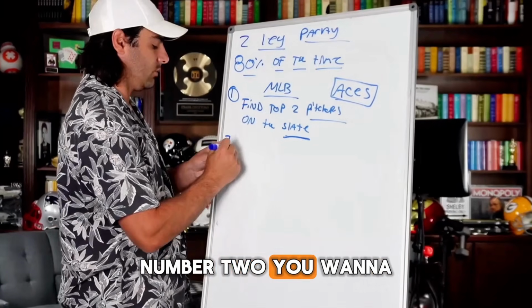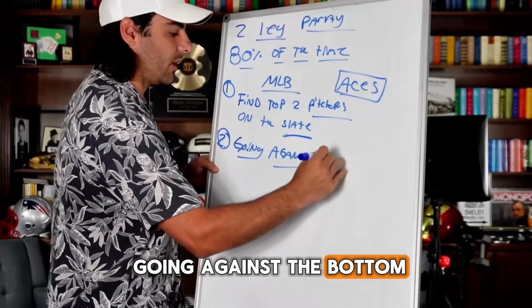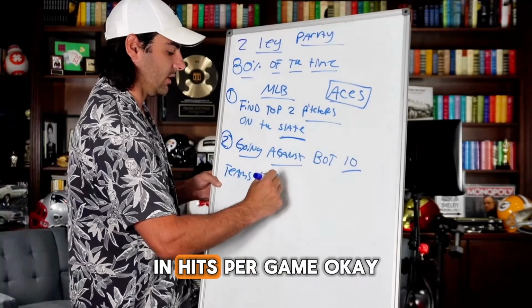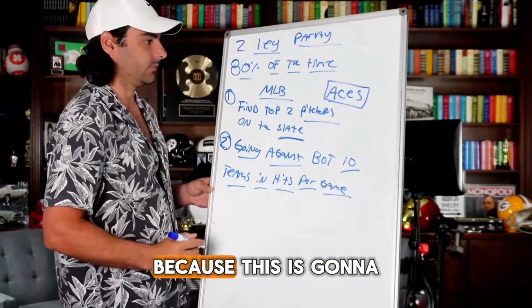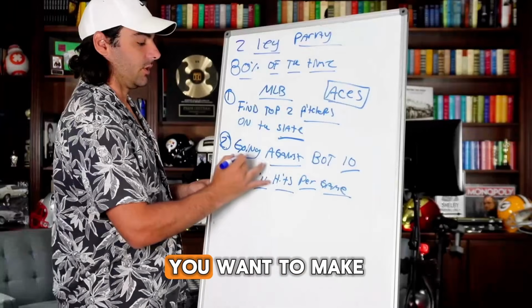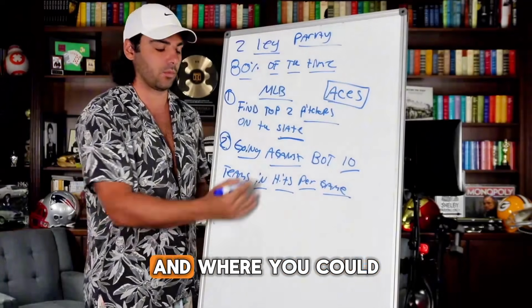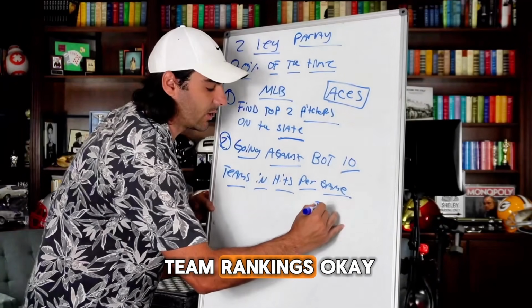Now, number 2, you want to make sure that the pitchers are going against the bottom 10 teams in hits per game. This is very important because this is going to correlate to the 2-leg that we're doing here. And where you can find that is Team Rankings.